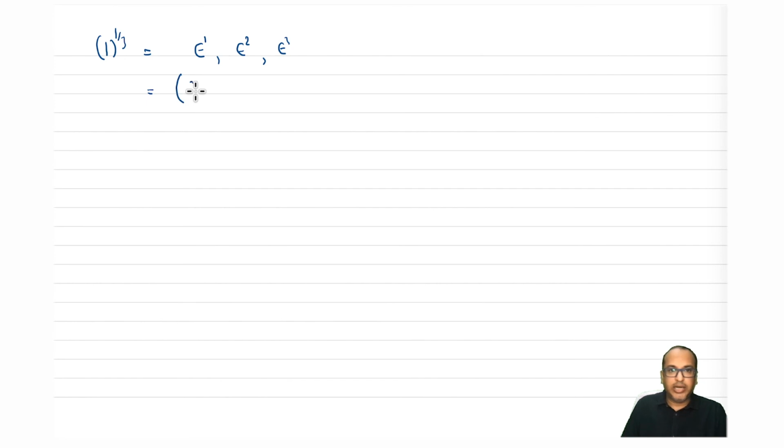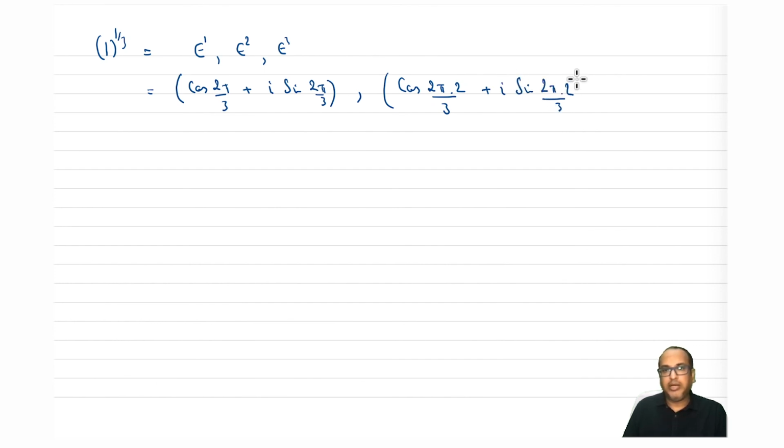So this will again be cos 2 pi by 3 plus i sine 2 pi by 3 is the first root. Now second root will be 2 into this. So cos 2 pi 2 by 3 plus i sine 2 pi 2 by 3.